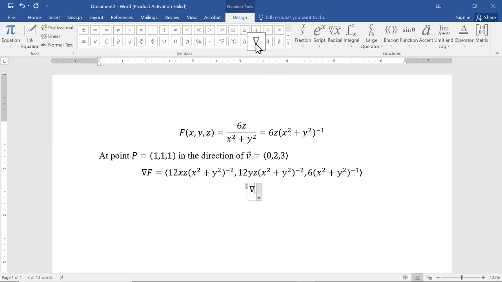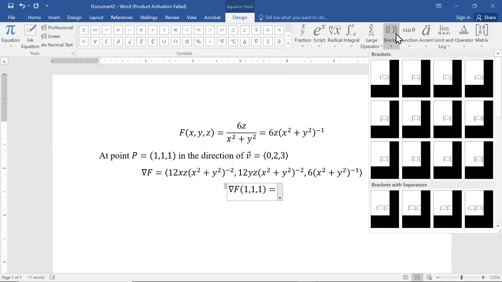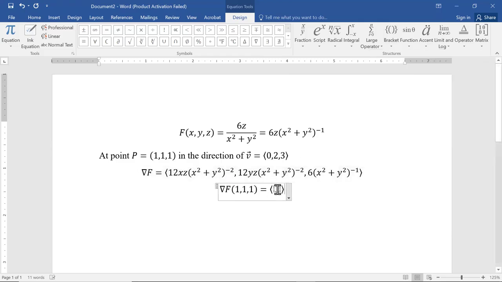We can figure out the gradient at the point 1, 1, 1 right now by just plugging in 1 for x, 1 for y, 1 for z. 12 times 1 times 1 is 12 multiplied times 1 squared plus 1 squared. That's 2 to the negative 2 power.